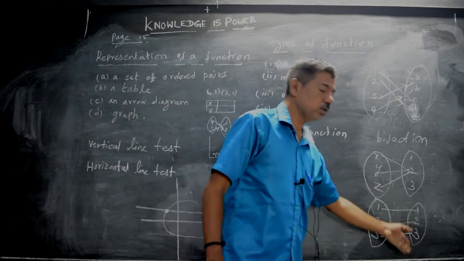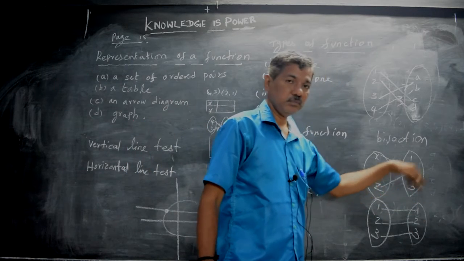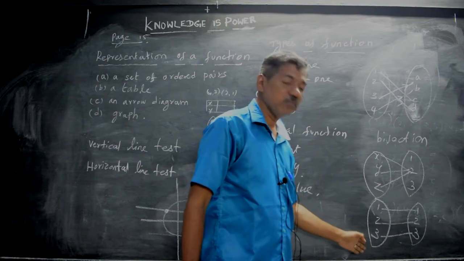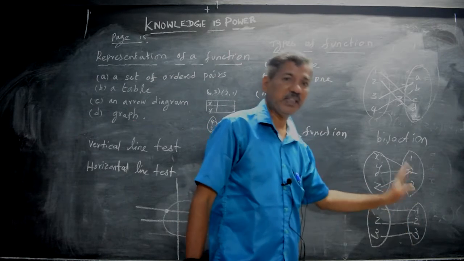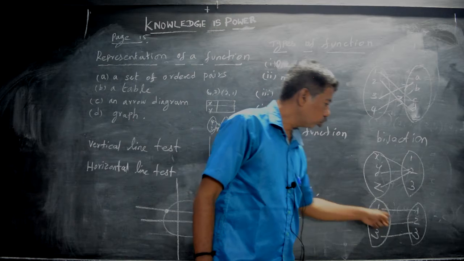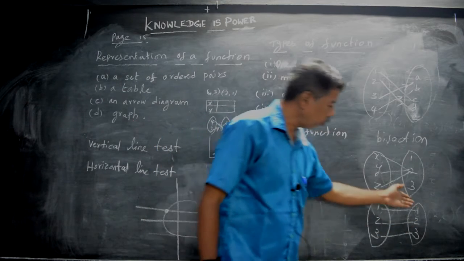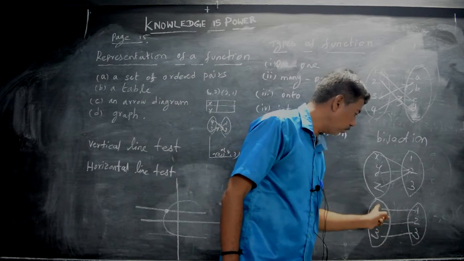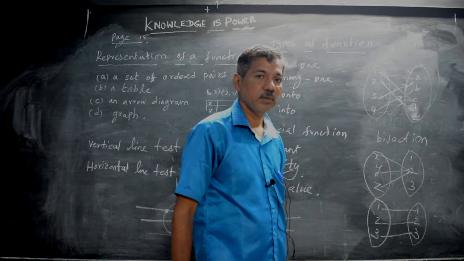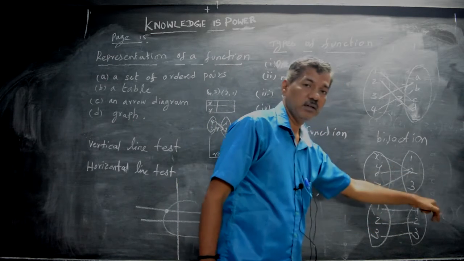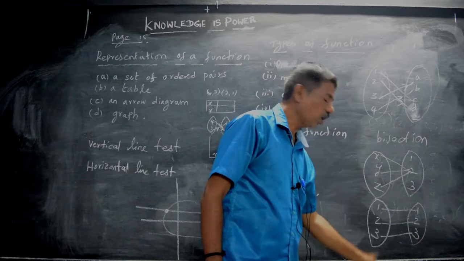You should not write like this. One will be different, another will be different. Whatever the terms are, the same should be there, and you should not connect crosswise. Suppose we put 1 here, no problem, you connect 1. If 2 here, no problem, but 1 will be 1, 2 will be 2, 3 will be 3.